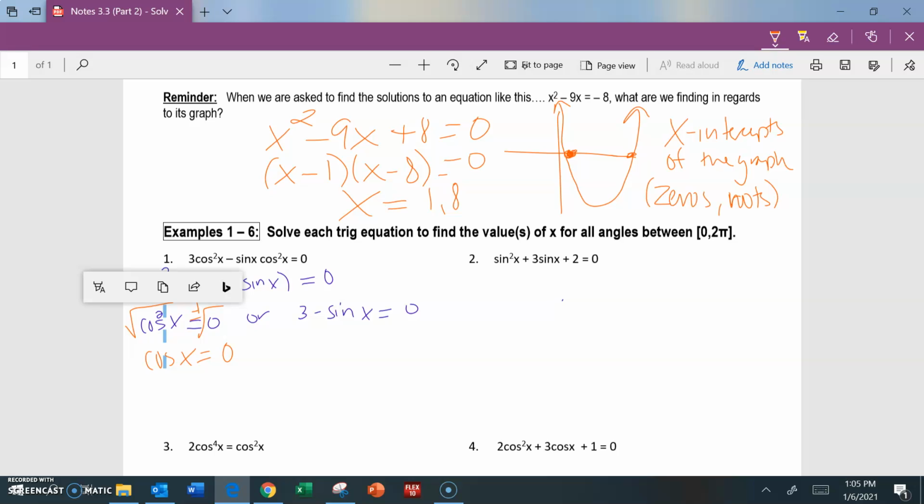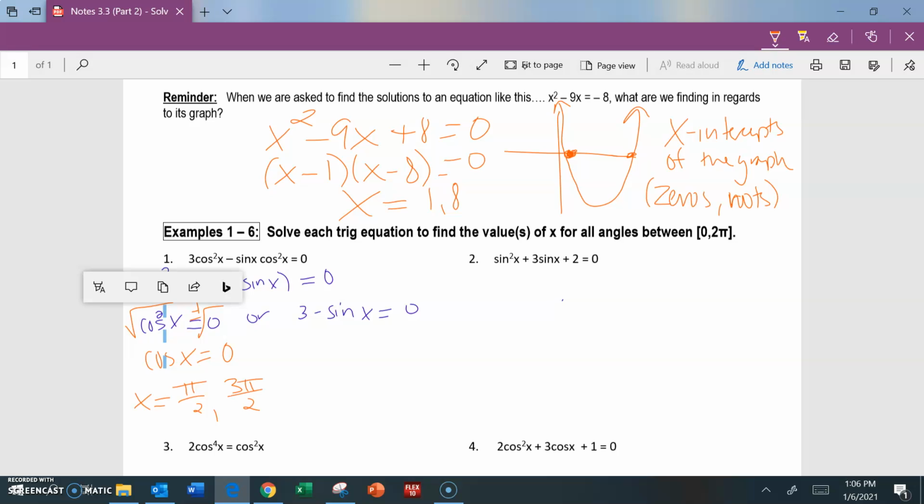When is the cosine of x going to equal 0? I'm hoping this becomes more second nature to you. Remember, the cosine of x is that x coordinate. When is that x coordinate 0? That happens at pi over 2 and at 3 pi over 2.